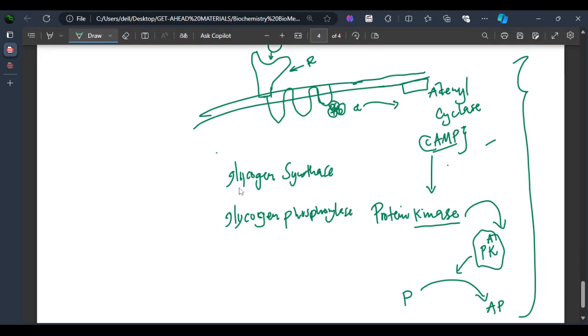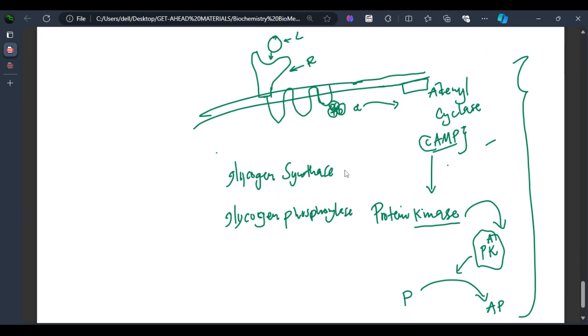Glycogen synthase is responsible for forming the glycogen chain, the glycogen branching chain, the entire glycogen molecule. It's responsible for synthesizing glycogen by adding glucose in those 1,4 pattern bonds.